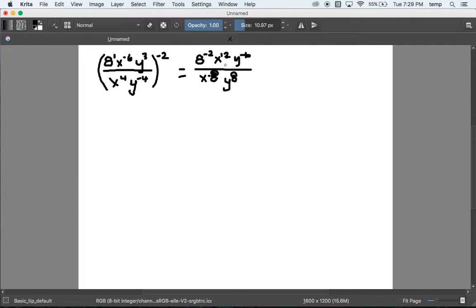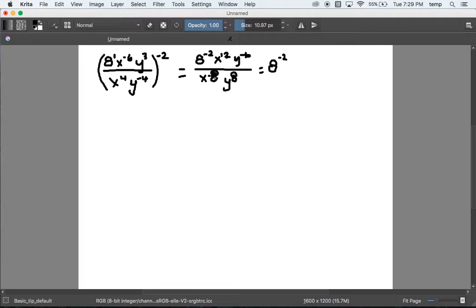All right, so let's do our quotient rule now. If we're dividing two terms with the same base and different exponents, we take our top exponent and subtract our bottom exponent. For now, we'll leave our 8 to the -2. Then we take 12 minus -8.